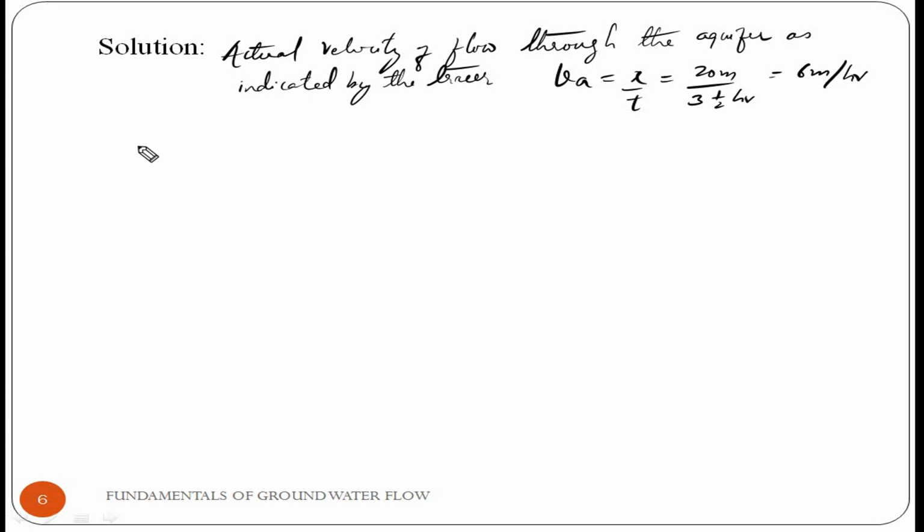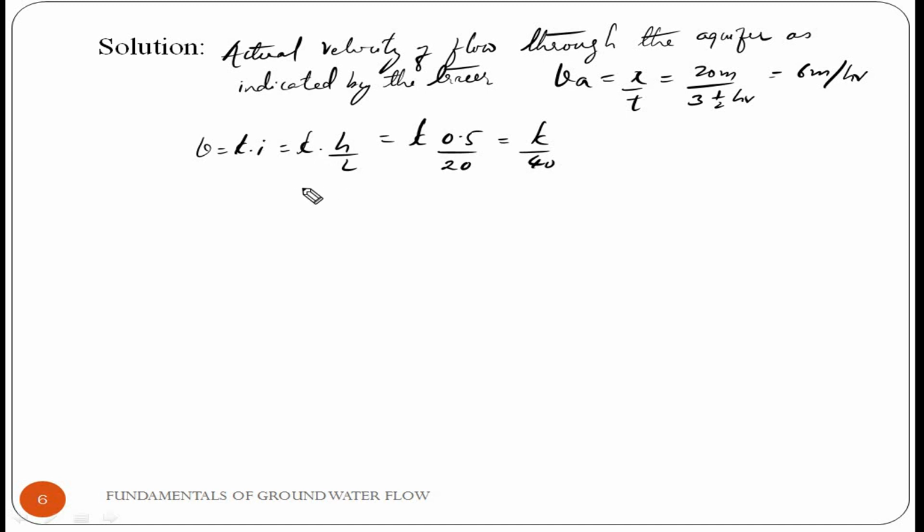As given by Darcy's law, V is equal to K i. i can be written as H by L, so K divided by 40.